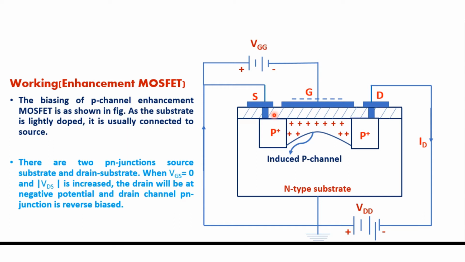This happens because the electric field terminates in the channel, and it pulls these positive carriers from the substrate close to the surface.